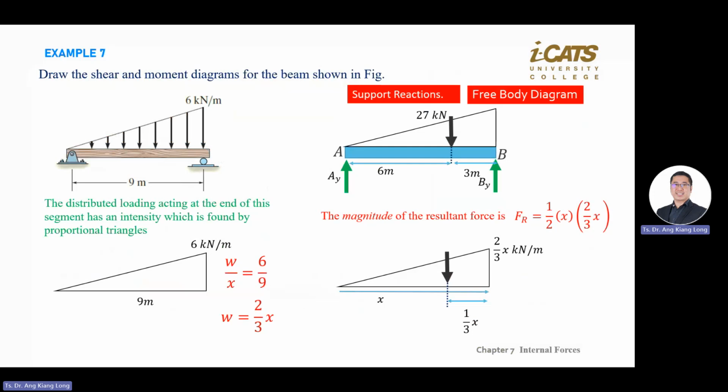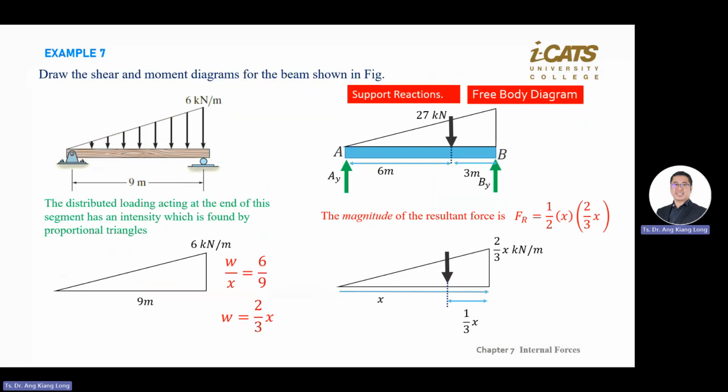What happens if you have a longer length? Then this doesn't apply anymore. 6 kilonewton per meter is at 9 meter. It's not here, here is 0. There's some value here, it's not 6. This 6 kilonewton per meter is at 9 meter from this screw. We find the general equation for this triangular, which is 2 over 3x kilonewton per meter versus x.